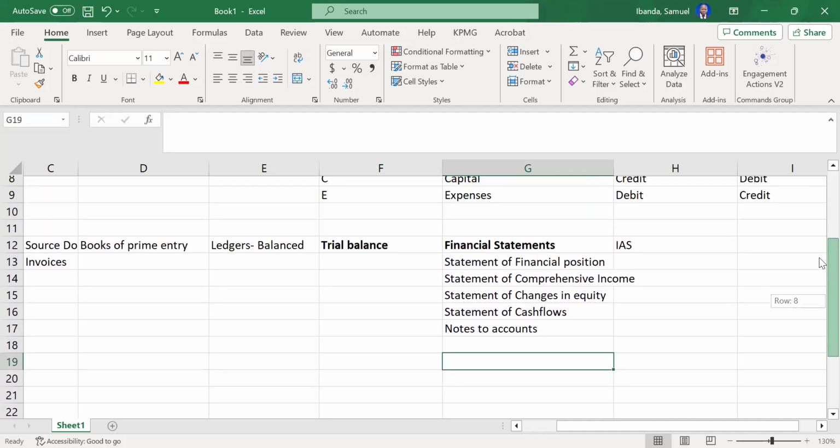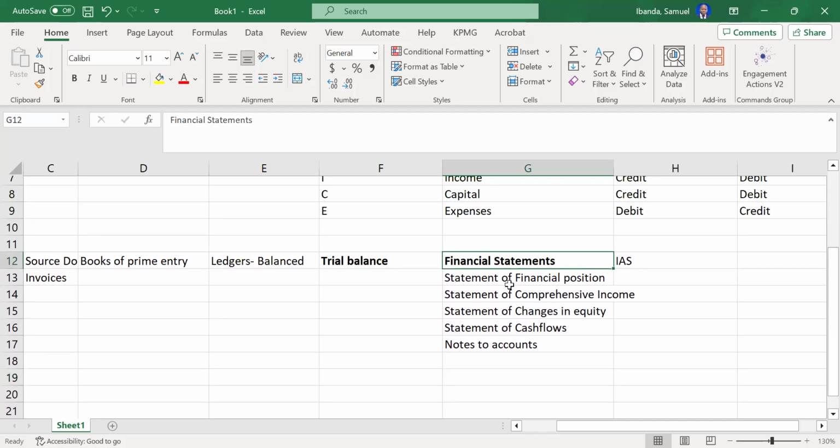So, like I said, basically this paper is rotating around how you prepare financial statements and the steps that drive us on the journey of preparing our financial statements. So we know very well that if I'm preparing my financial statements, what financial statements am I preparing?